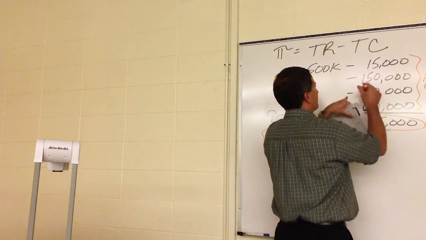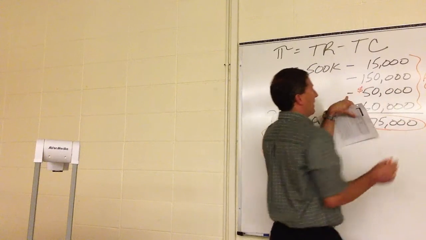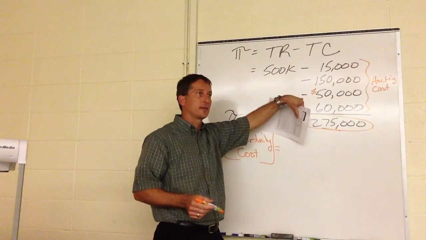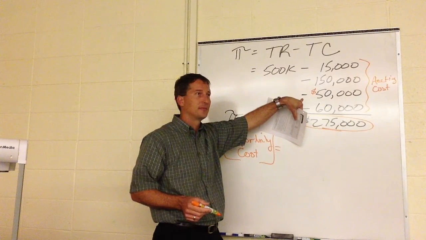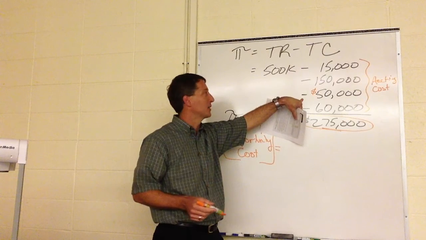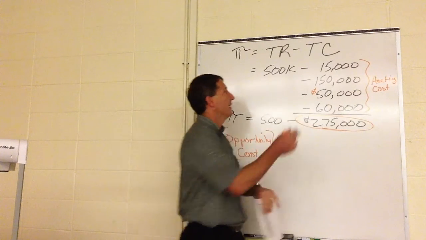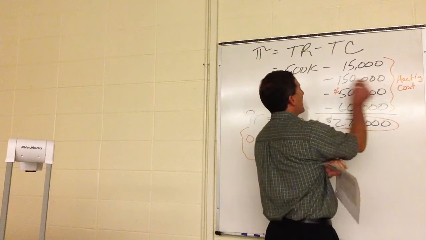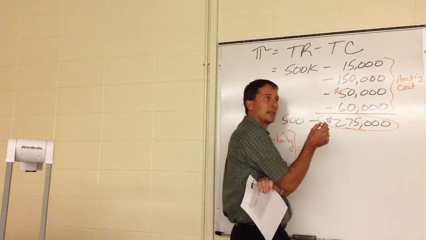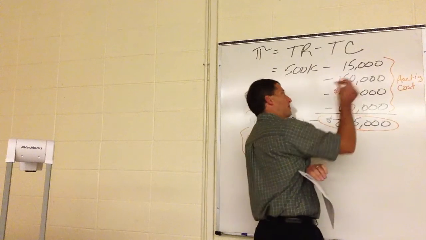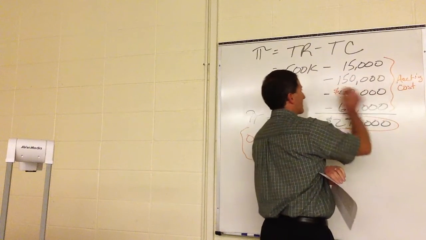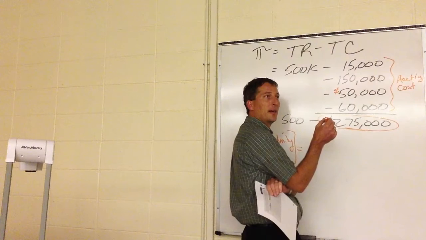Employees' salaries, what other opportunities did he not get to take advantage of? The other job. What's the dollar value of other opportunities that he missed out on by spending money on this particular line item?